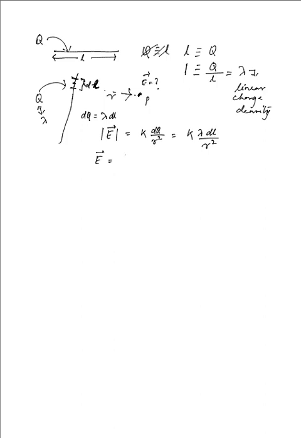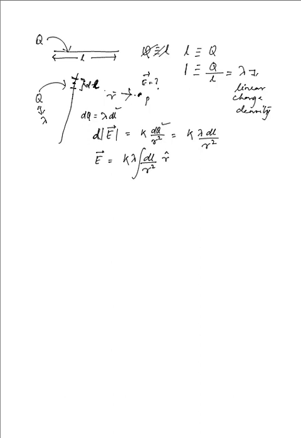And the direction here is along the r cap vector. So k times lambda times dl divided by r square r cap. This is obviously the small electric field due to this small element dl. The net electric field will be an integration of this over that entire length. We will choose suitable limits as per the given parameters.